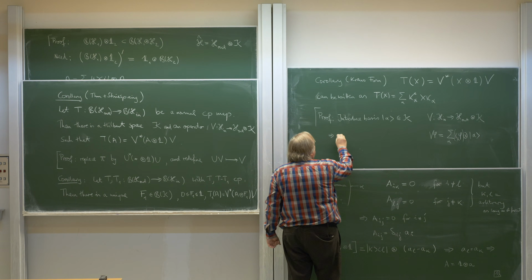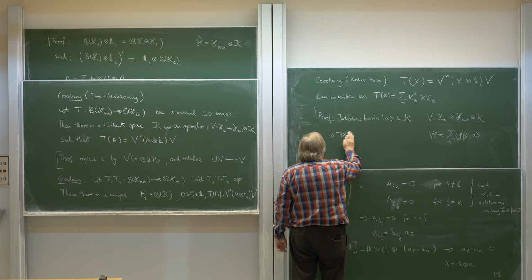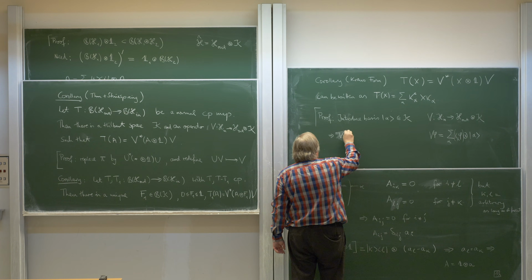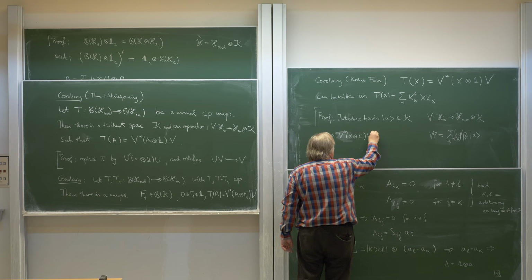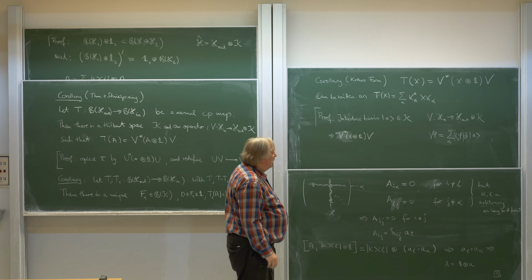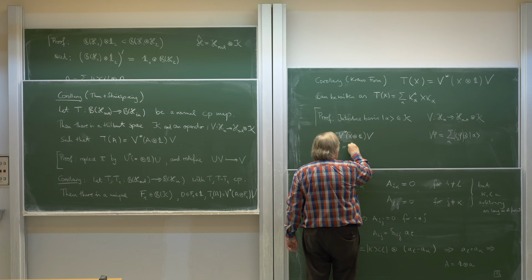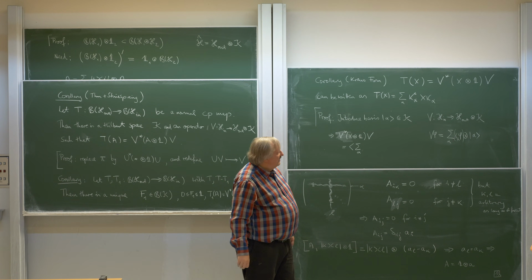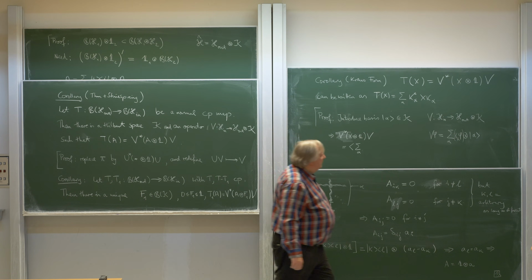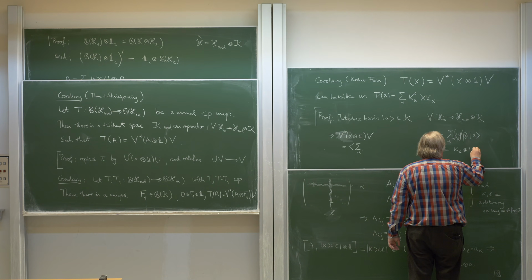I conclude that, let's just compute the T of just a V star X tensor 1 V. Yeah, I think one could write this as V is A alpha tensor alpha.